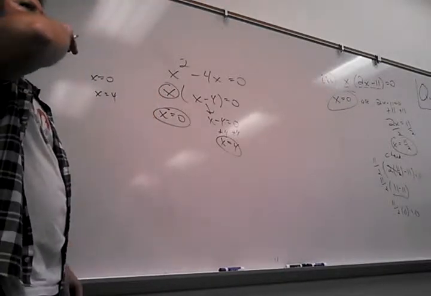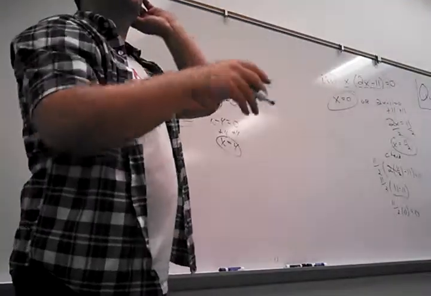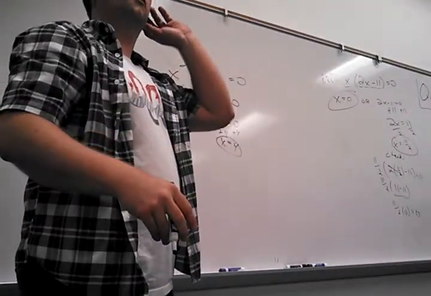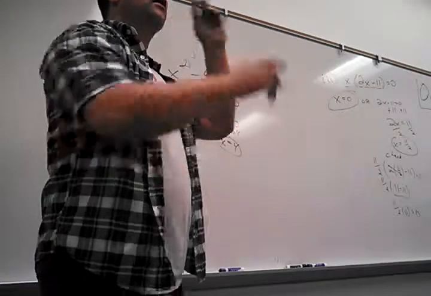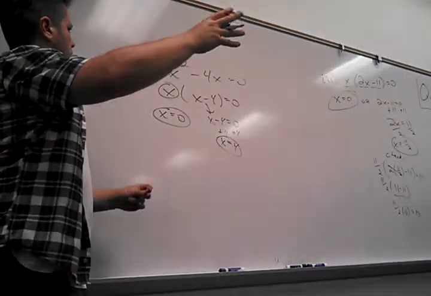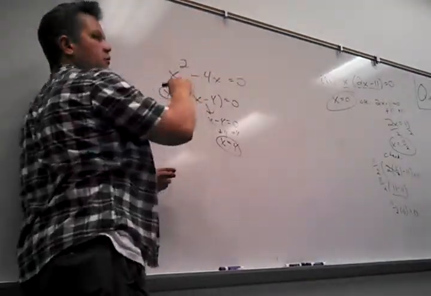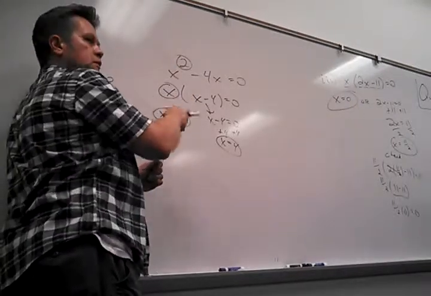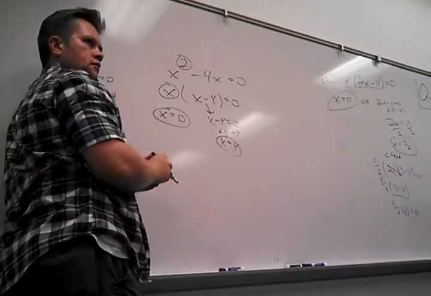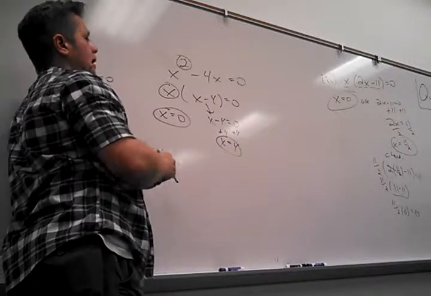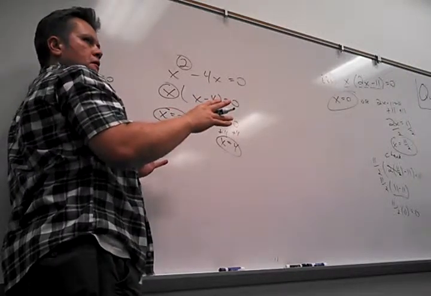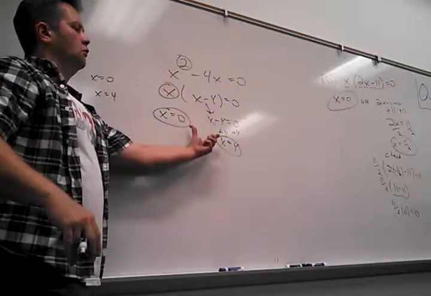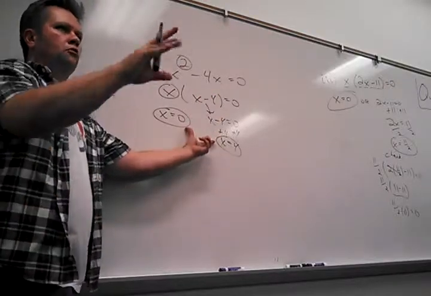I don't even know how to ask this, but how do you know there's only two answers? Like, could there be more? I love it. You did great. What we learn eventually is that the fact that there's a second power here tells me there must be an overall 2 answers. There's a lot more to that story because right now we only know real numbers.